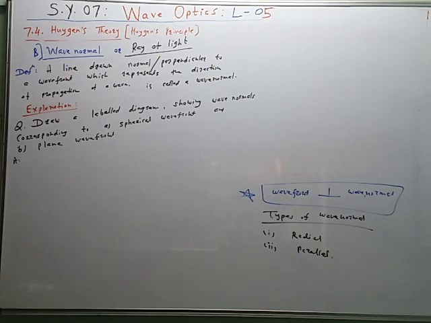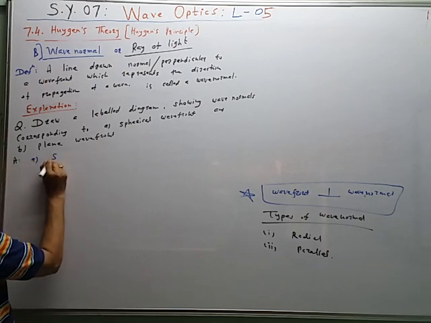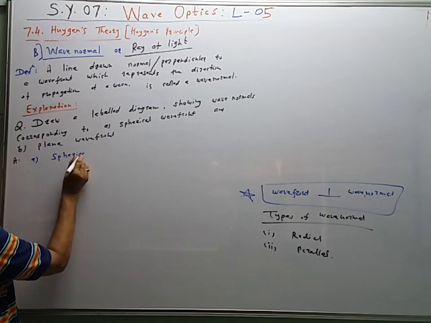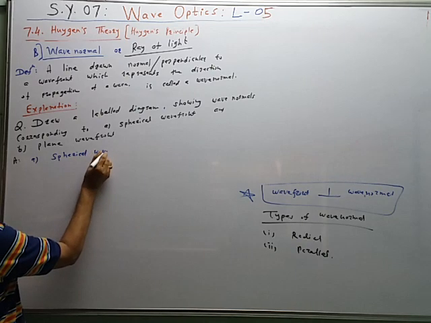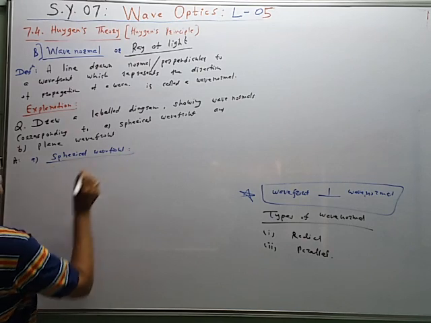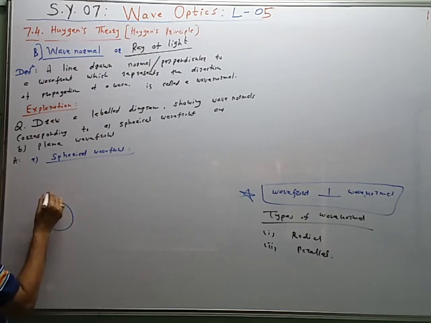So let us see this question. First we will see the A part that we have already seen. A part, spherical wavefront. So if this is a source of light, then from this source we get a spherical wavefront.